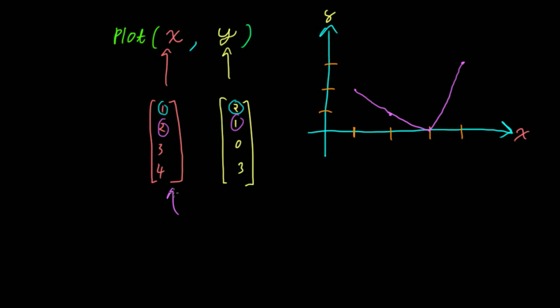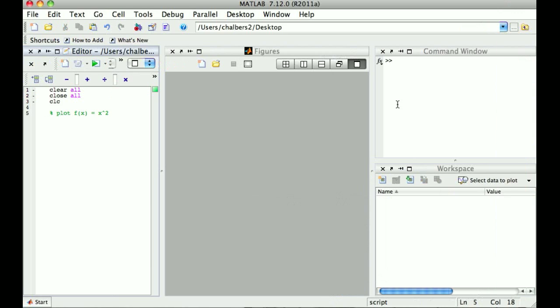Notice also that these two vectors have to be the same length. They have to have the same number of elements, because what the plot command is going to do is match up the corresponding x coordinate with the corresponding y coordinate and then use that to generate the plot. So anyway, with that out of the way, let's go back to the video.